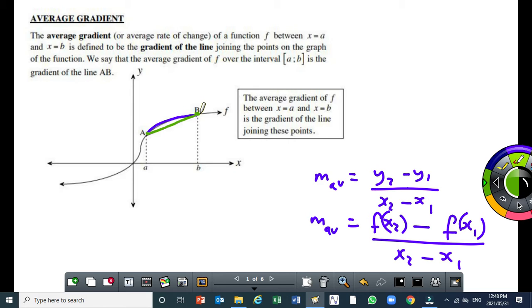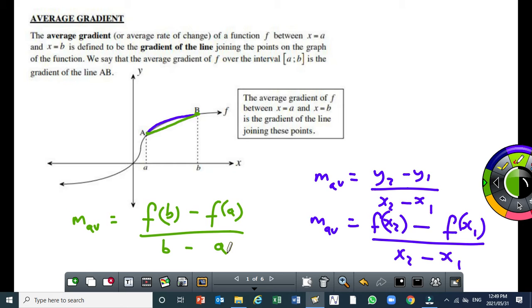So here, where there is x2 here, we will put B. Where there is x1, we will put A there. So that for this question, our average gradient, MAB, will be equal to f of B minus f of A all over B minus A, where A and B are x values, and B is greater than A.